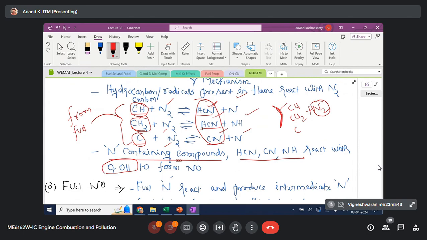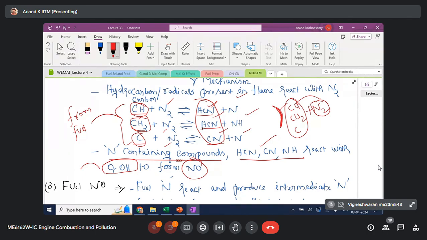O and OH are also available in the engine cylinder within the flame zone. So this intermediate compound reacts with O and OH and forms NO. That is how NO formation is taking place within the flame zone. Okay, it all starts with this radical reacting with the nitrogen, forming intermediate nitrogen containing compounds, and they get subsequently oxidized to NO through reactions with O or OH.